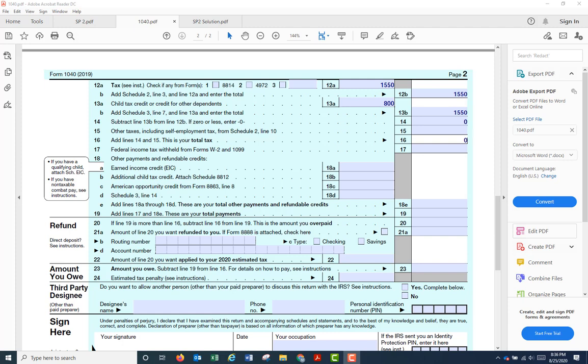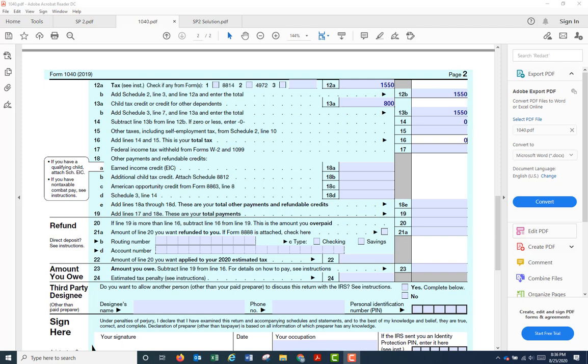So we have again $1,550 in tax liability, but we were able to apply 2 credits. One is the child and dependent care credit, $750, plus another $800 to use from the child tax credit. Therefore, our total tax is 0.